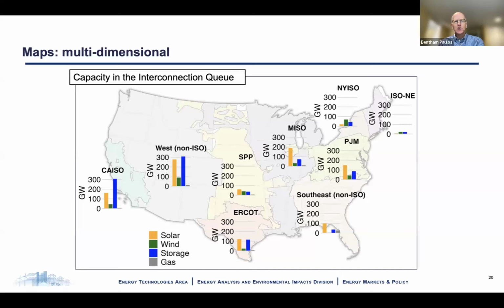And then the bar charts show the amount of capacity in the interconnection queue in each of those regions. So you can see in the west, there's a lot of storage in the queue, and the queues are much larger in the west than in other parts of the country. MISO is seeing a lot of solar, for example, PJM solar and so on.